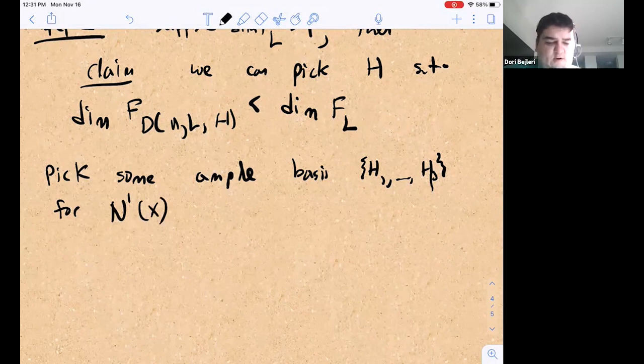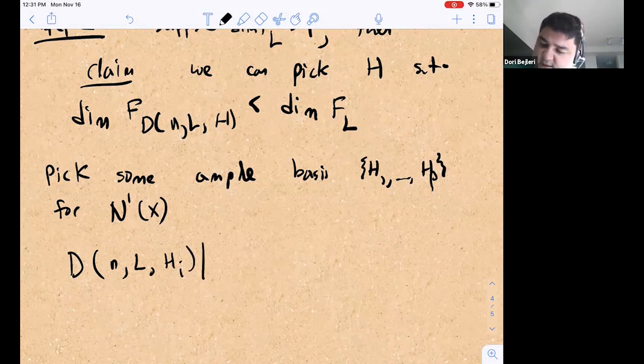And now let's look at these divisors. So let's say we've gone up to the stabilization point or past it for each of the finitely many H's.